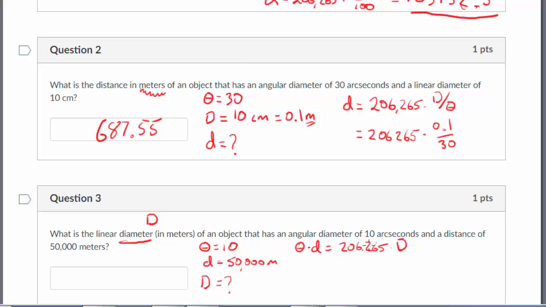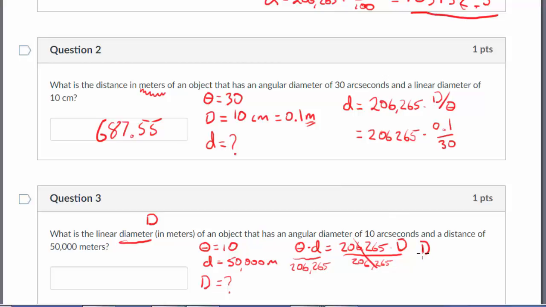Okay, diameter, divide both sides now by 206,265 to cancel that out. Right? It's going to cancel off that side, but if I do it to the right side, I've got to do it to the left. So my equation, if I were to rewrite it now, would be, I'm just going to put it in a box here momentarily.